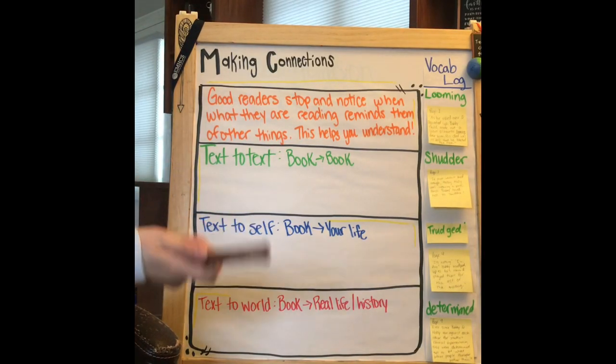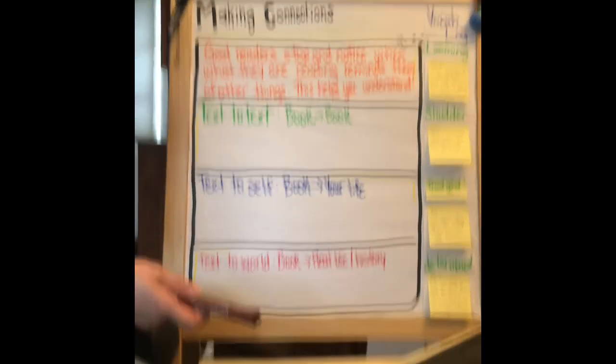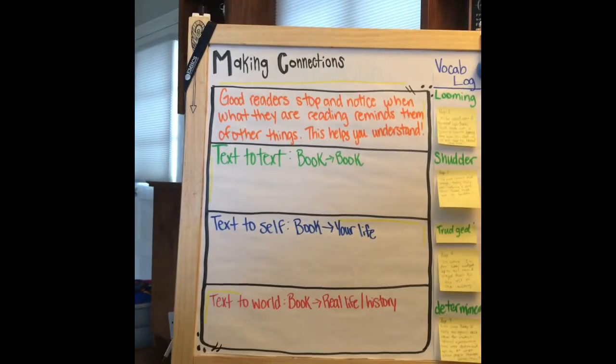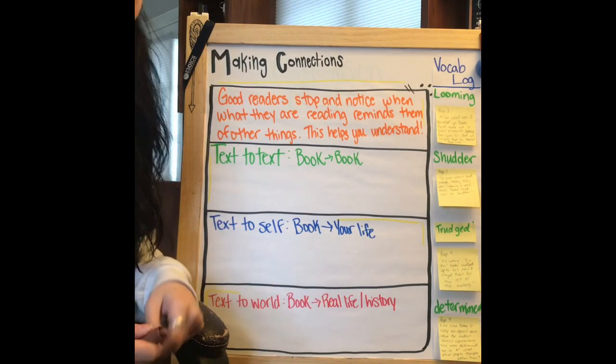This will help you understand what's happening. You're going to make connections so that you can think about why this character might be doing or saying or thinking or feeling the way that they are based on your understanding of how life works. It's kind of like using your schema.